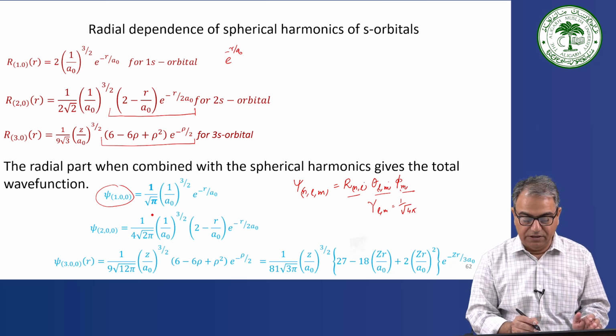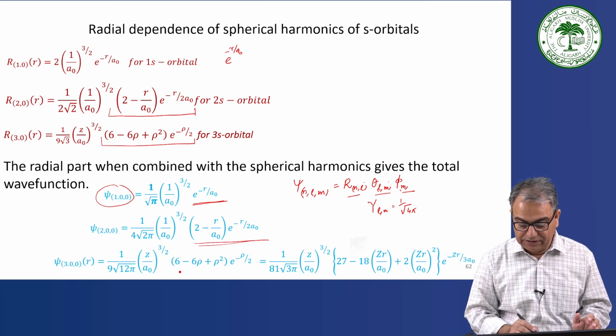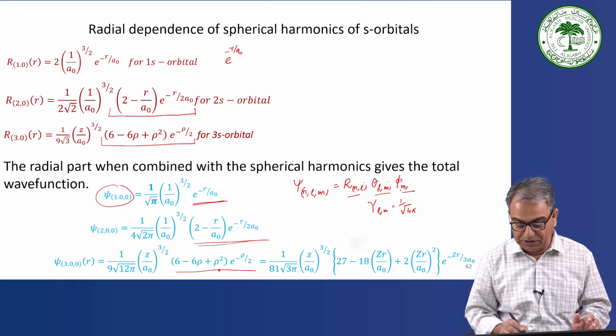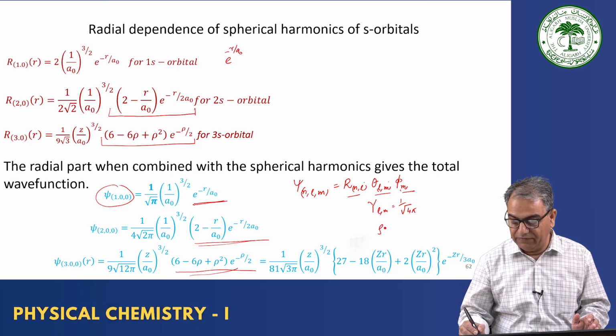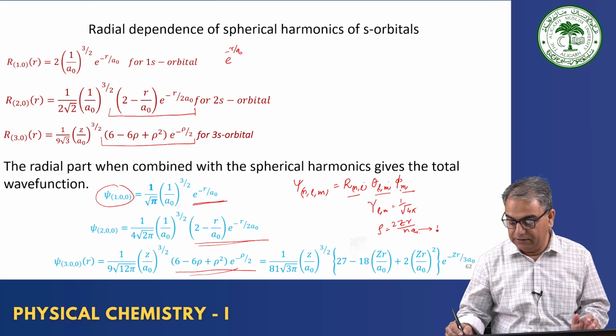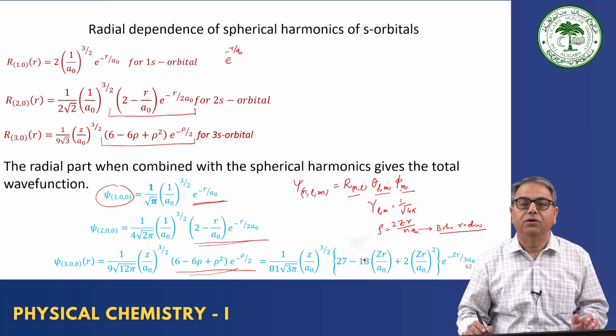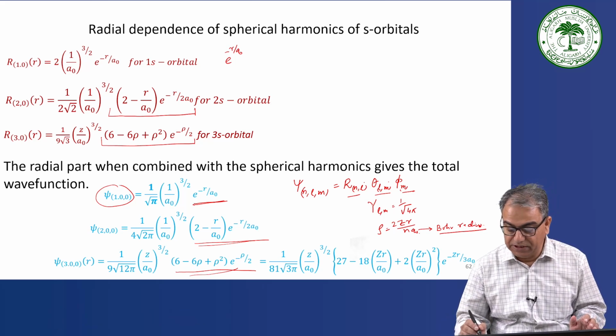The rest of the radial part will remain the same: exponential minus r divided by a naught, 2 minus r divided by a naught, and then 6 minus 6 rho plus rho square, exponential minus rho divided by 2, and you know rho is equal to 2 z r divided by n a naught, where a naught is Bohr's radius. I am repeating these things time and again because if you watch it time and again it will stay in your mind. So it's Bohr's radius.